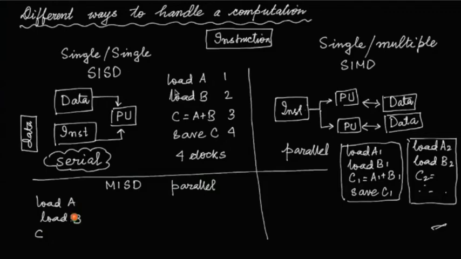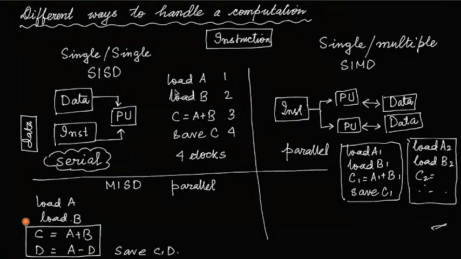C is A plus B, D is A minus B, and then save C and D. If these are my set of instructions, you realize that these are two instructions which can be calculated at the same time.